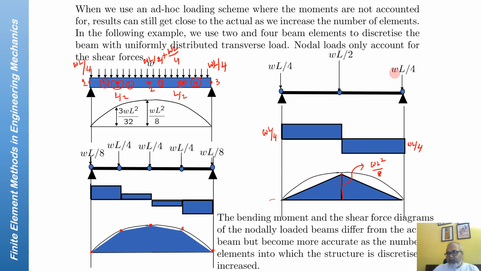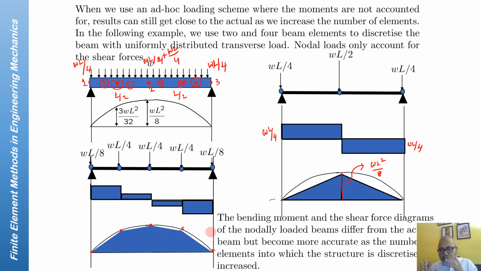So the ad hoc apportioning of loads is working when you increase the number of elements. If you now halve every element, you will have WL by 16 on the left, WL by 16 on the right, and WL by 8 at the intermediate nodes. Then you will get even closer to the actual bending moment diagram.